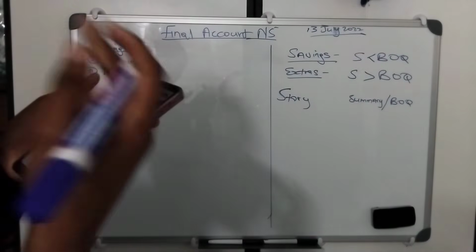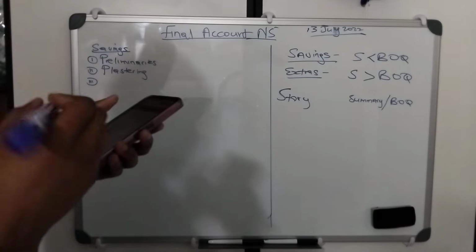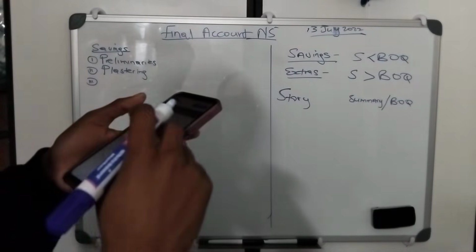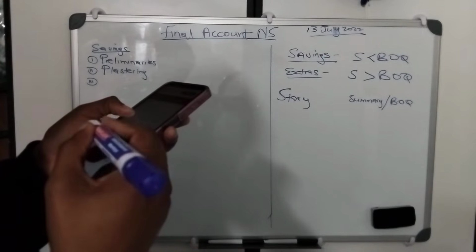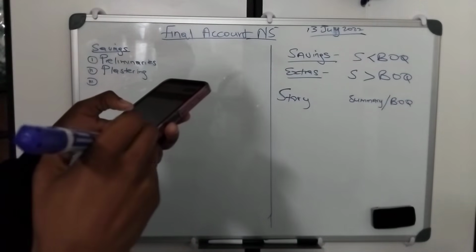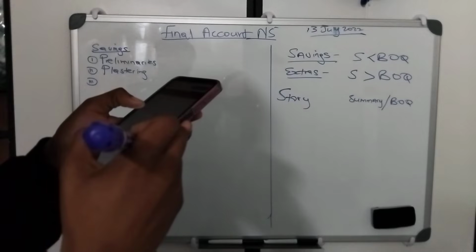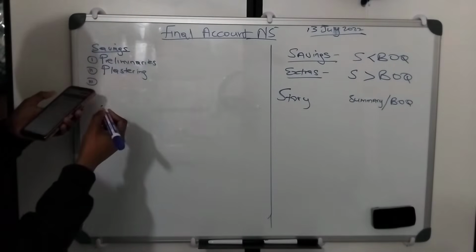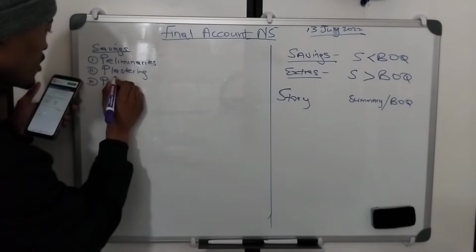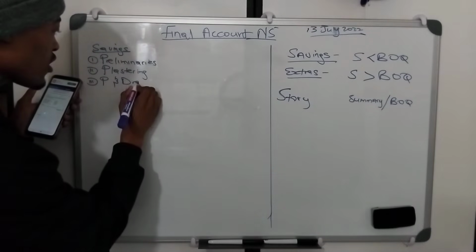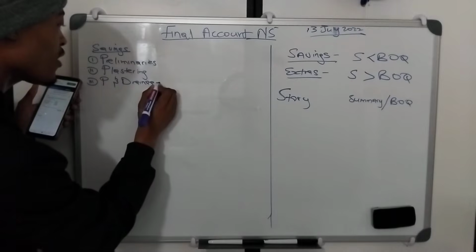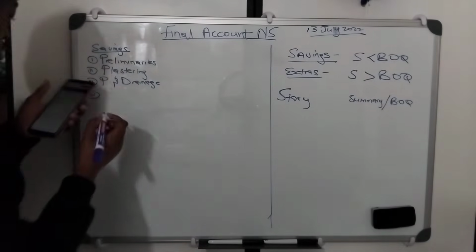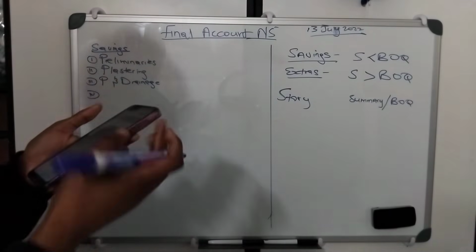We go to the third one, plumbing and drainage. On the story it's 54,344 and on the BOQ it's 89,692. The BOQ is big and the story is small, so plumbing and drainage goes to savings. Now the fourth one is site works.